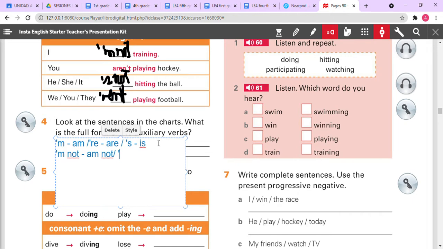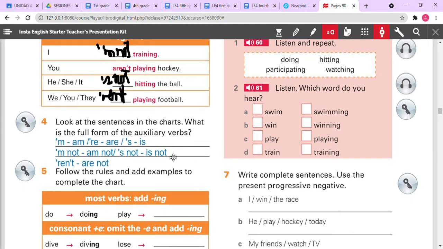I wrote this, it's not. Okay, and it's equal to is not. And in the last one it says it's like this. Let me see. It's like this, are not. Excuse me, aren't. No, and it's like this, are not.